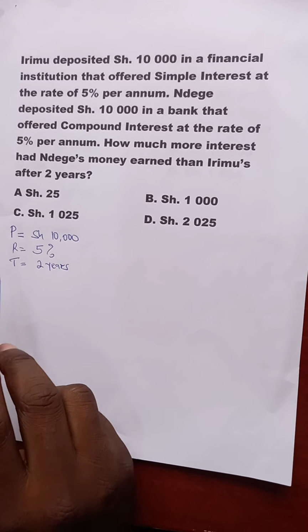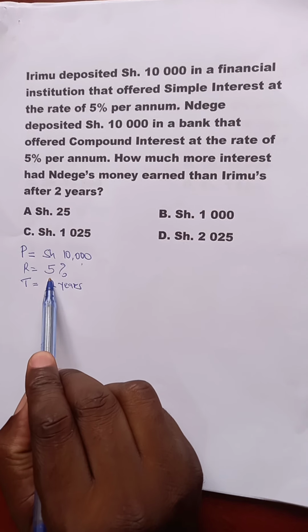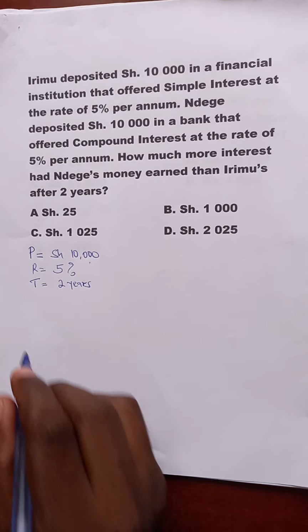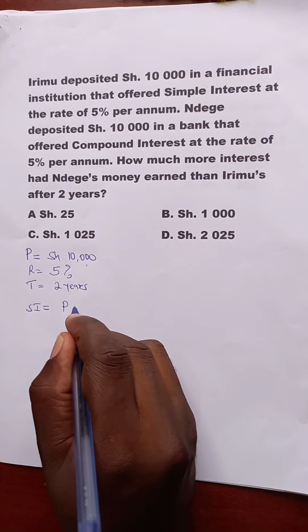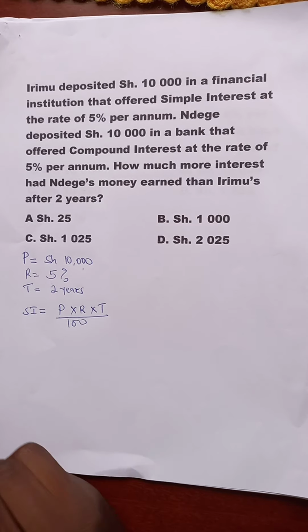For both of them, the principal is 10,000, the rate is 5%, and the time is 2 years. Last time we said that simple interest is equal to principal times rate times time all over 100.